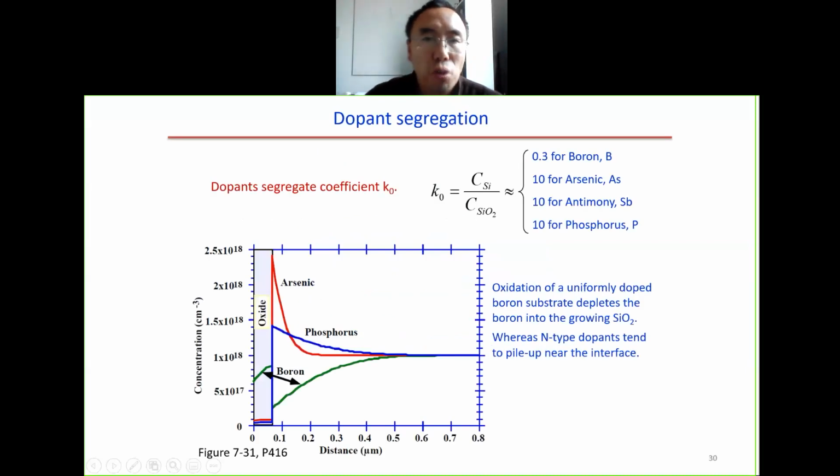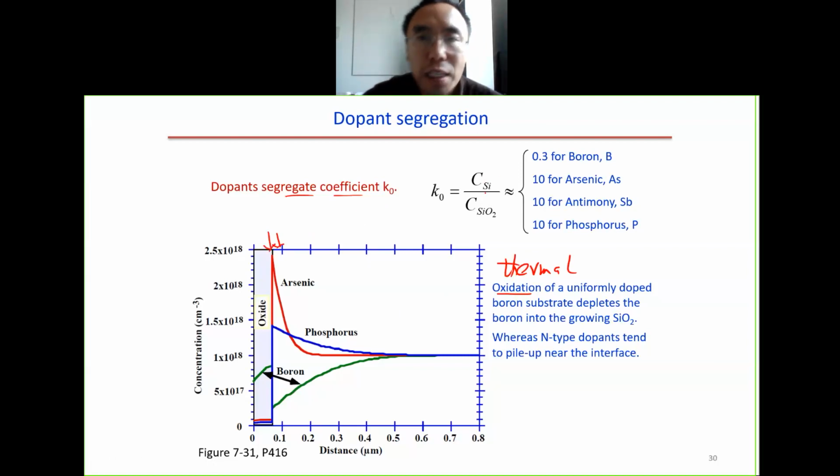First is the dopant segregation. As we saw in chapter 3 for the wafer growth, we define the segregation coefficient. When we do the thermal oxidation, the dopant at the interface has this segregation coefficient.